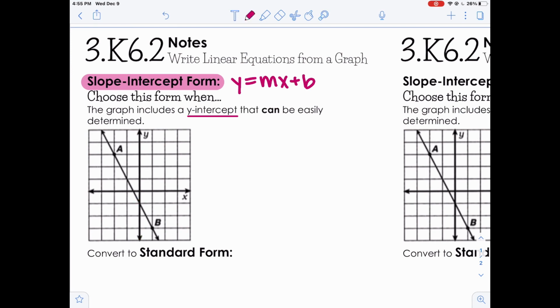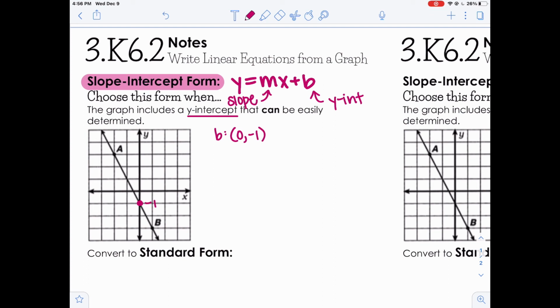So I'm going to put a dot there, and that is at -1 on my y-axis. Right away I already know that my b, remember b is the y-intercept, and m is our slope, in this case b is -1, my y-intercept.